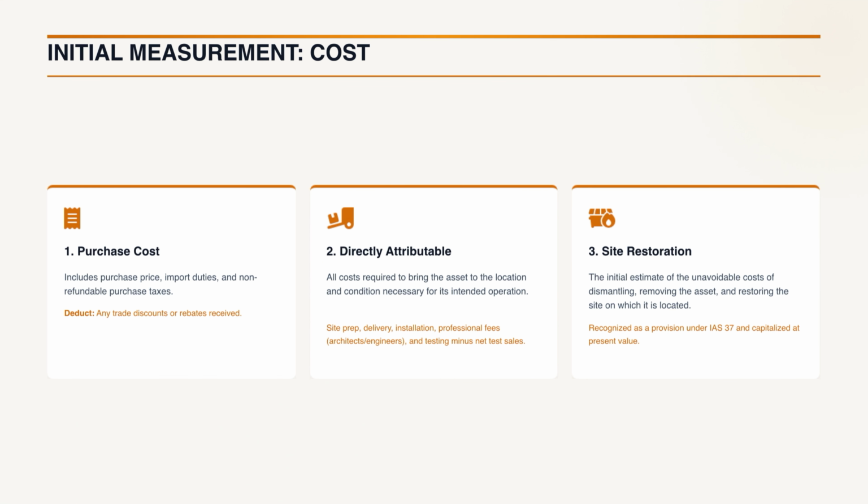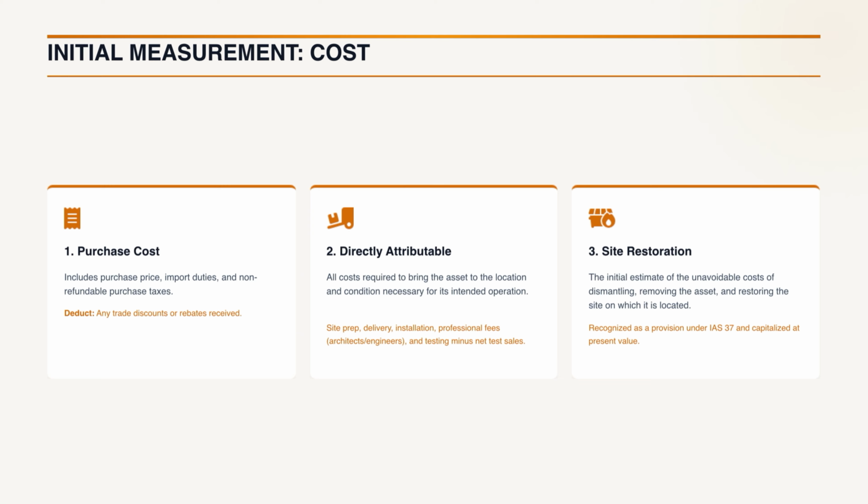At initial recognition, IAS 16 mandates that PPE must be measured at cost. The total capitalized cost is made up of three distinct components. First, the purchase cost. This includes the purchase price, import duties, and non-refundable taxes after deducting any trade discounts and rebates. Second, directly attributable costs.